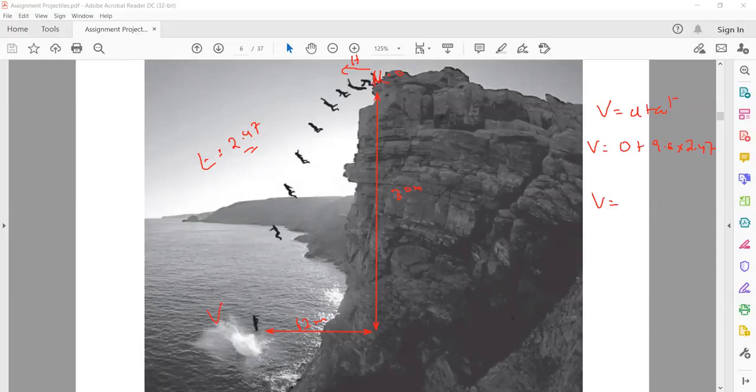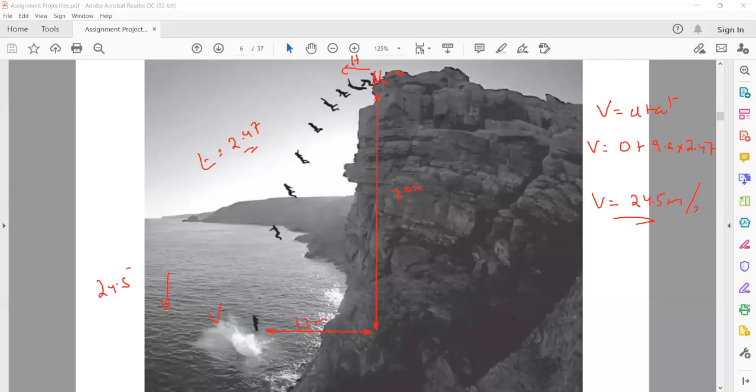So this 2.47 multiplied by 9.8, so we will get 24.5 meter per second. That's the vertical velocity. So we got the vertical velocity, which is 24.5.